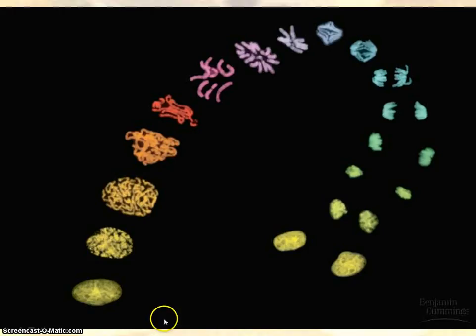This is a neat picture because what happened is, captured by an electron microscope, they put these pieces together and they color coded them so you can see just what the chromosomes in the nucleus look like through each stage. So you have just a regular nucleus in interphase. You notice that as you go, the chromatin starts condensing and forming chromosomes.